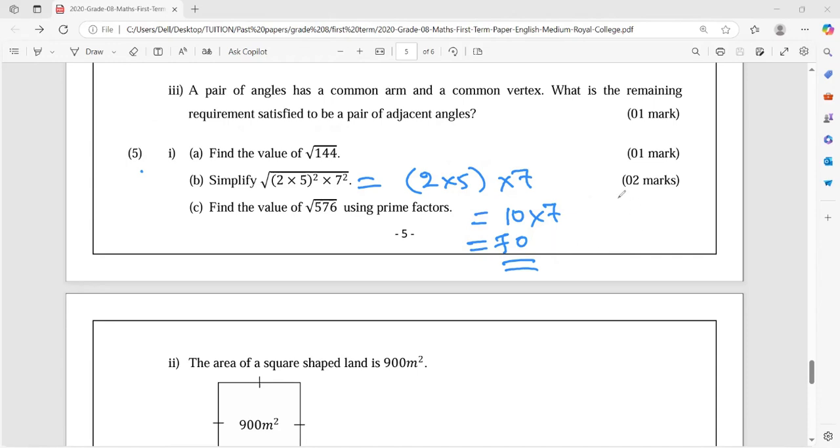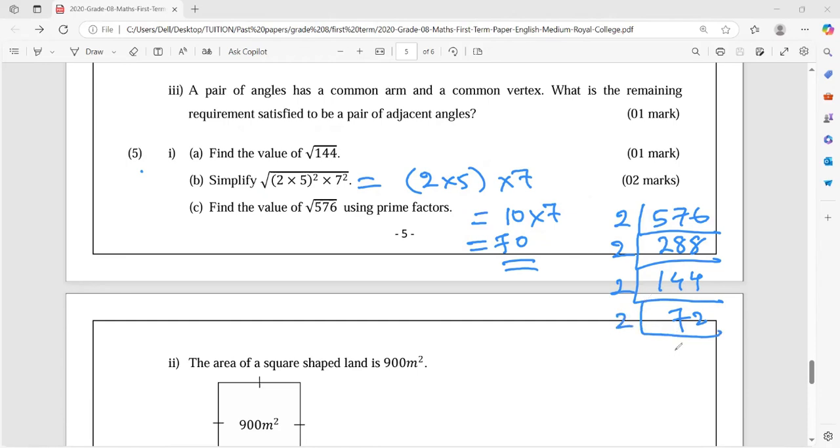So we can use prime factors. Let's go with 576. We can divide by 2. Then it's going to be 288. Divided by 2, 144. Divided by 2, 72.